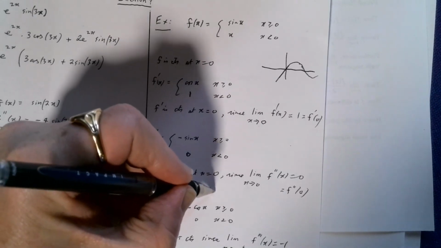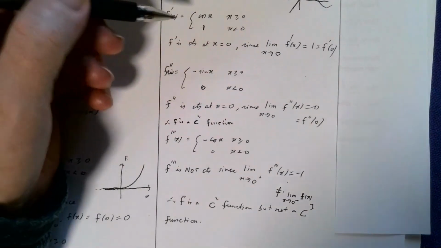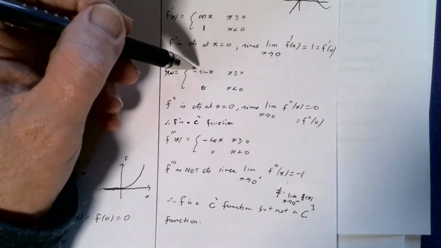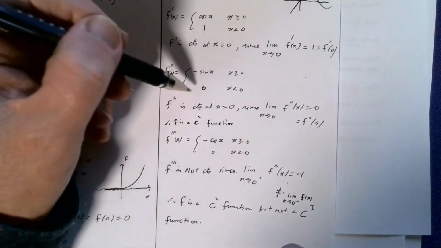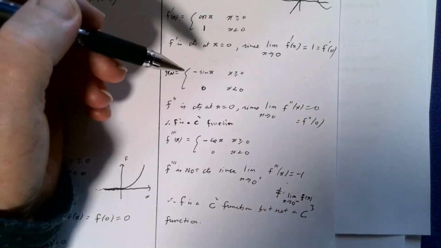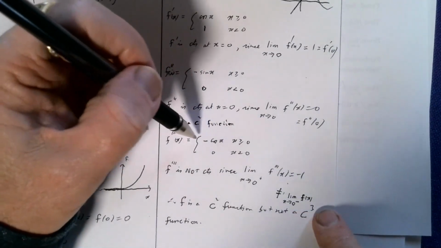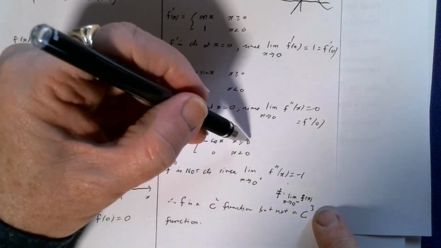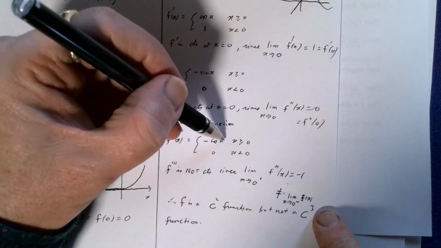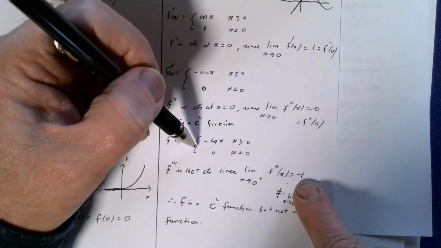So therefore f is a C2 function. It's got a continuous second derivative, but if you plough on and get the third derivative, you differentiate minus sine, you get minus cos, and 0 differentiates still to 0. Now, if you take the limit as x goes to 0 from above, the cos of 0 is 1, so this becomes minus 1.